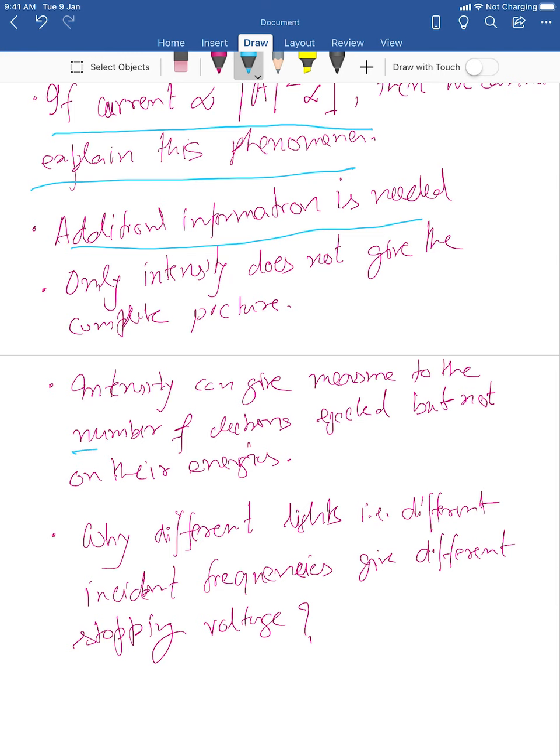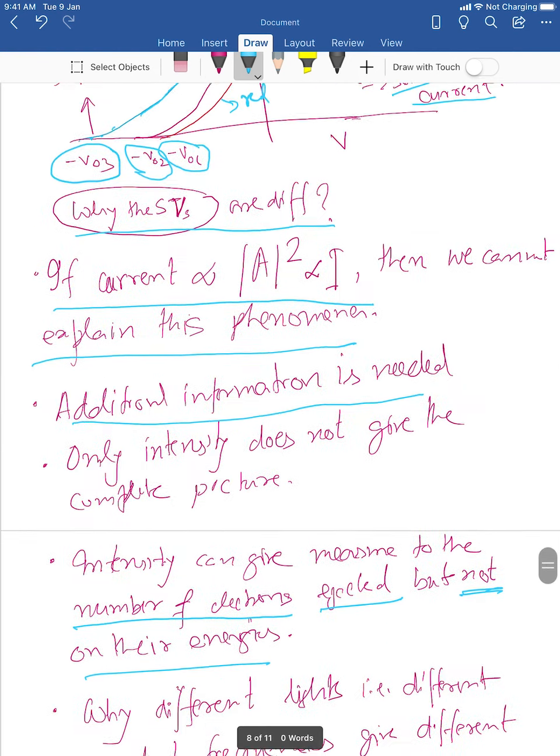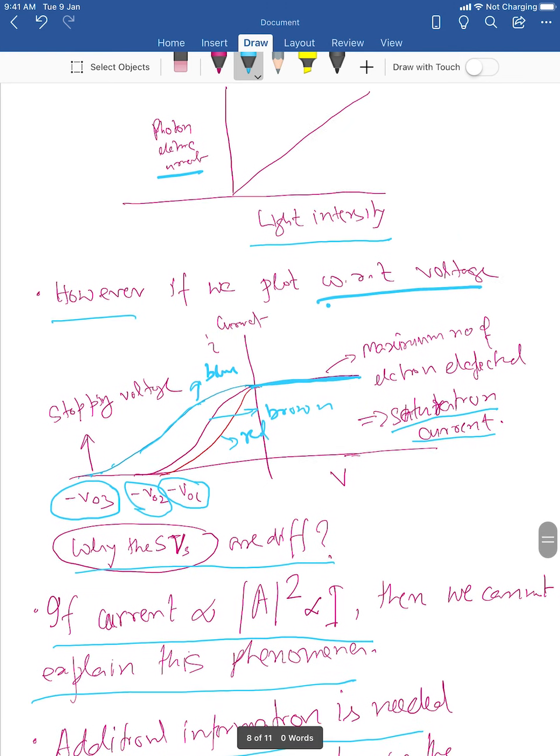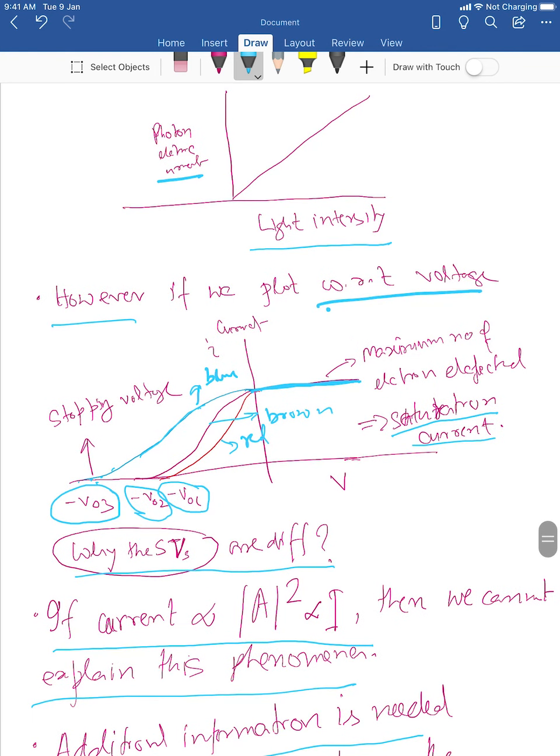Intensity can give you the total number of electrons, or the maximum electrons that are ejected, but it cannot give the information of the energies of the electrons. Because if it depended only on the intensity, then no matter which light you use, the stopping voltage should be the same.